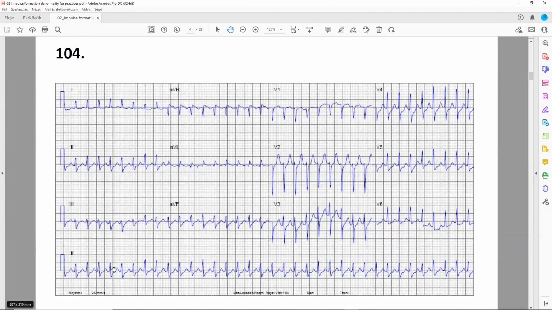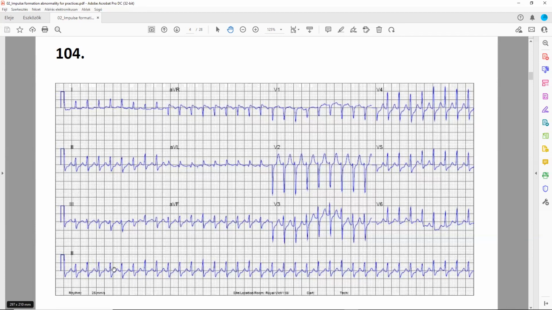Yeah, and the main electrical axis. I use the equiphasic approach for this. I thought that lead number 2 is equiphasic, so the perpendicular, 90 degrees, would be AVL. And AVL has a positive QRS.